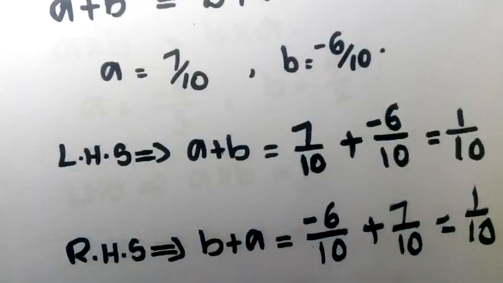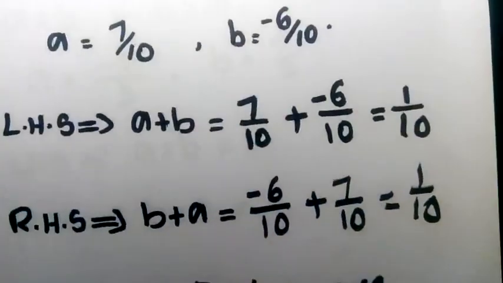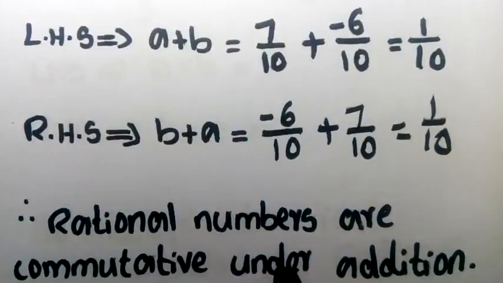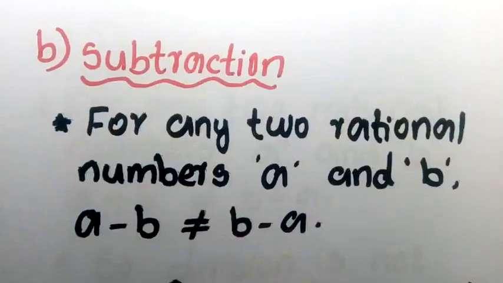So did you notice LHS is equal to RHS? That is a plus b is equal to b plus a. So we can say rational numbers are commutative under addition. Next arithmetical operation is subtraction. Let us check rational numbers are commutative under subtraction or not.